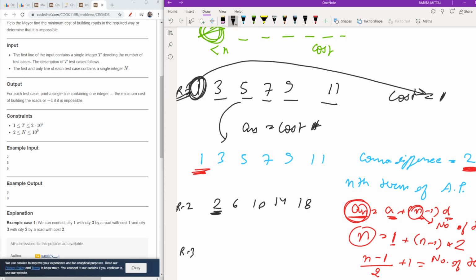In the next range I will have 4, 12, 20, 28 and so on. So the first term will be 4. You will clearly see that the first term will be a power of 2, which means first 1, then 2, then 4, then 8, then 16. So the first term will be like this.